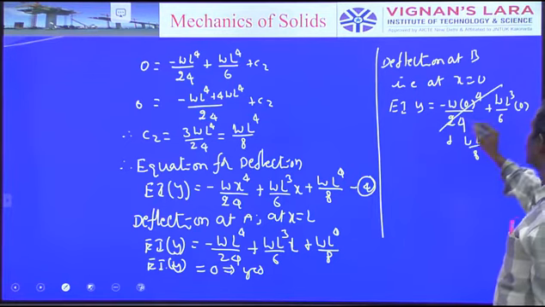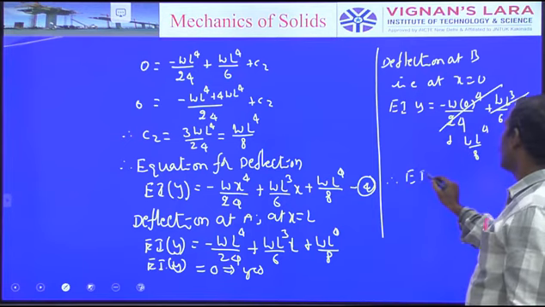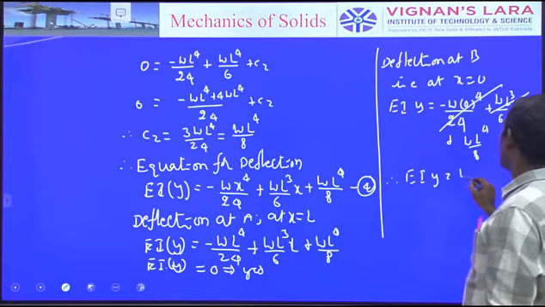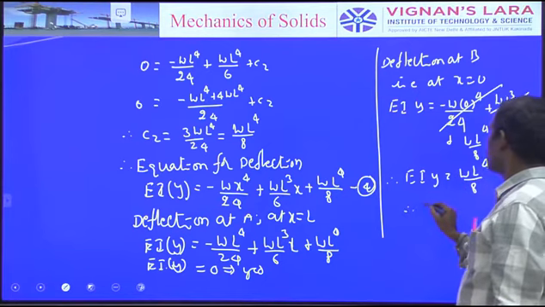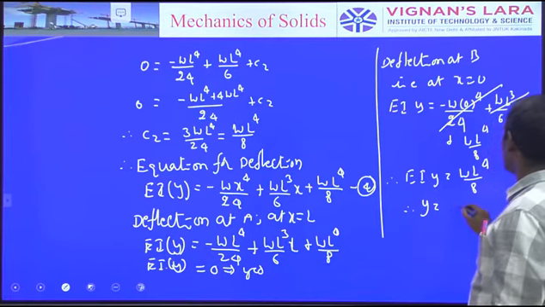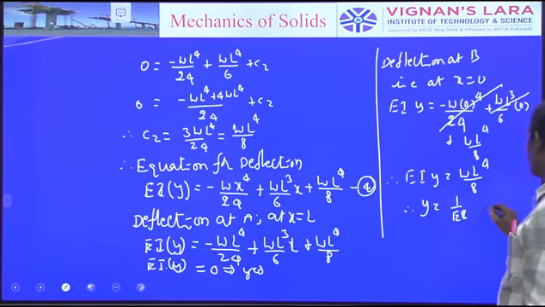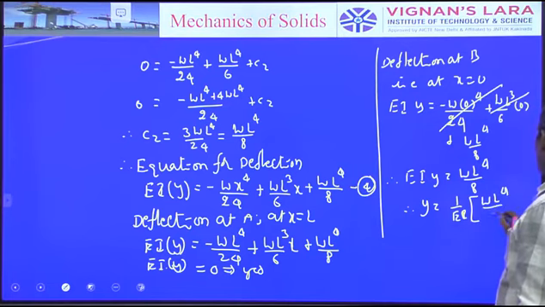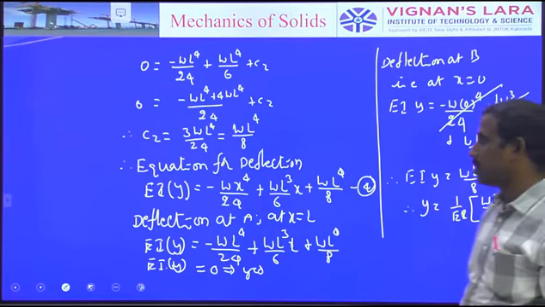These two terms become 0. Therefore EI into Y is equal to WL power 4 by 8, so deflection Y is equal to 1 by EI into WL power 4 by 8. This is the maximum.